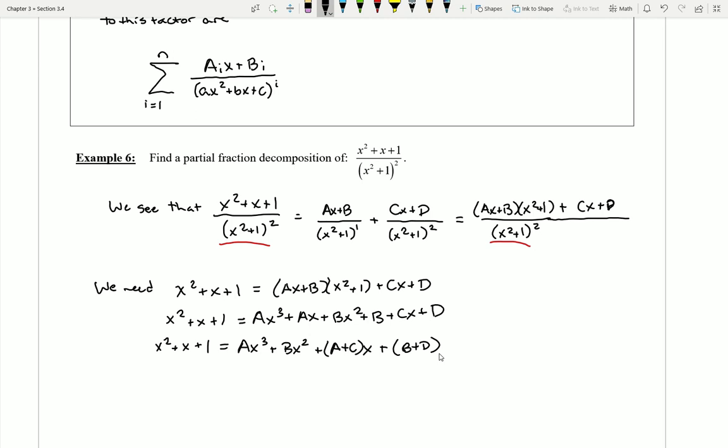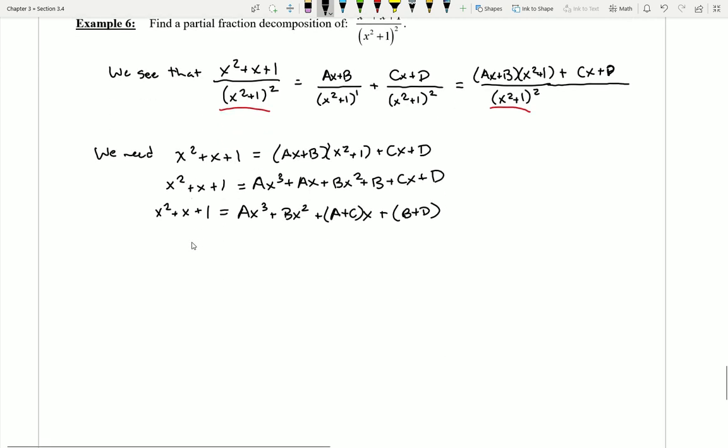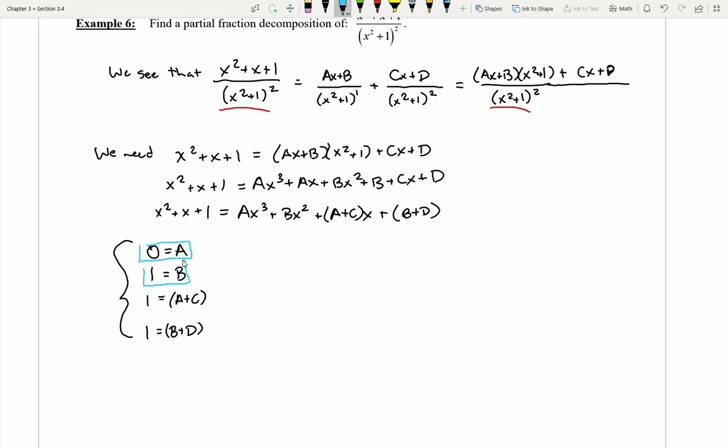From here I can generate a nice system. I can see that if the number of x cubes on both sides are going to match, I have 0 x cubes on the left, a of them on the right. I have 1 x squared on the left, b of them on the right. I have 1 x on the left. I have a plus c of them on the right. And I have a constant of 1 on the left. I have a constant of b plus d on the right. This again forms a system, and it's a rather simple one. 2 of the values are already solved for.